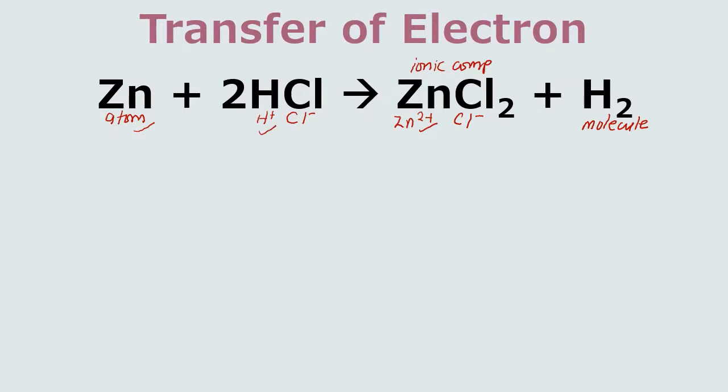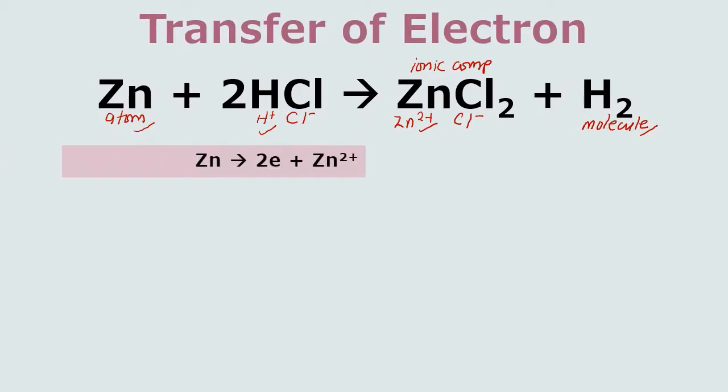In the reactant side, hydrogen exists as an ion, but in the product side, hydrogen exists as the molecule. There must be a transfer of electrons involved, and for sure these reactions might be redox reactions.